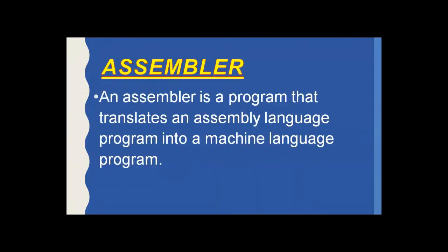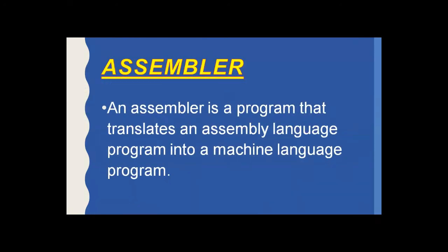Now moving towards the next one. The next one is assembler. What is an assembler? An assembler is a program that translates an assembly language program into a machine language program.